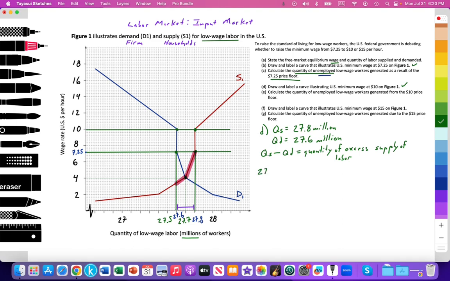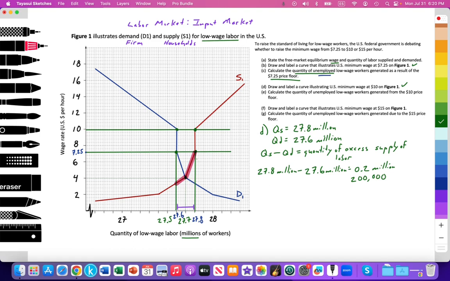We have 27.8 million minus 27.6 million. And that equals 0.2 million workers that are willing to offer their labor but cannot find an employer willing to hire them, which is also the same as 200,000. So there is our answer.